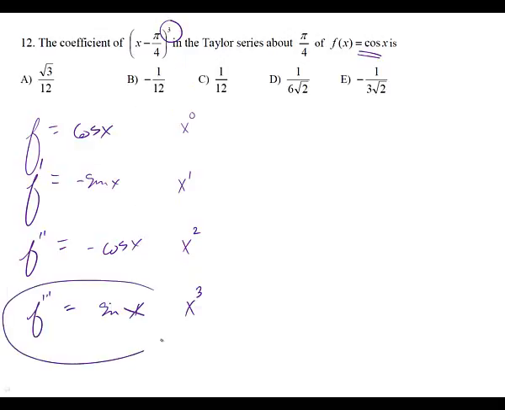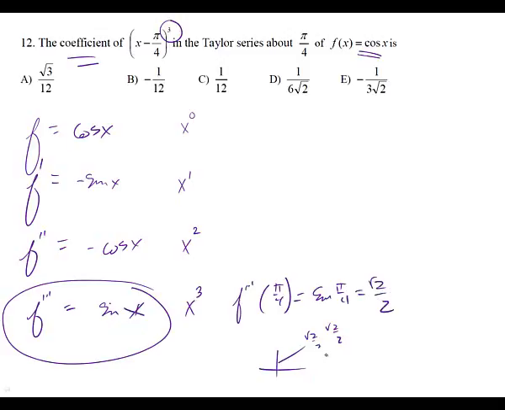I only need to deal with this guy here, because it just wanted the coefficient on the cubed term. So I'm going to start by plugging in pi over 4, finding the third derivative evaluated at pi over 4, or the sine of pi over 4. So what's the sine of pi over 4? Square root of 2 over 2.